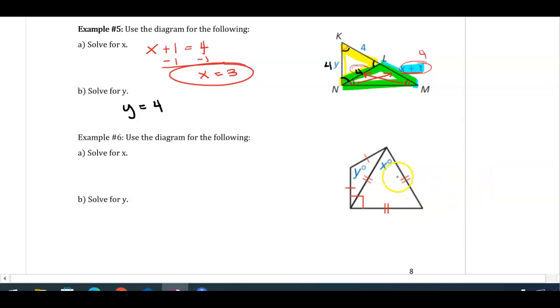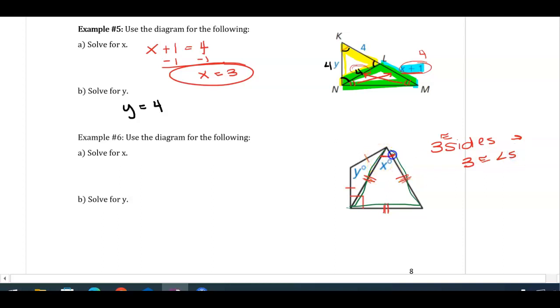If I look at this, I'm going to solve for x first, because when I look at x, it's an angle of this triangle right here. I notice that each of the side lengths of this triangle has 2 hash marks. That tells me that all 3 of these sides are equal. We have talked about that if we have 3 congruent sides, that means we have 3 congruent angles.